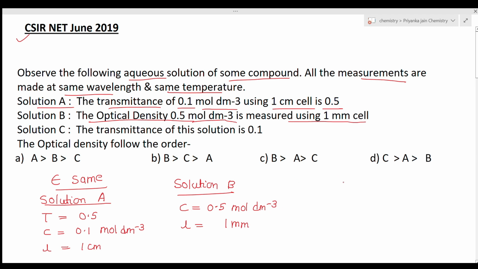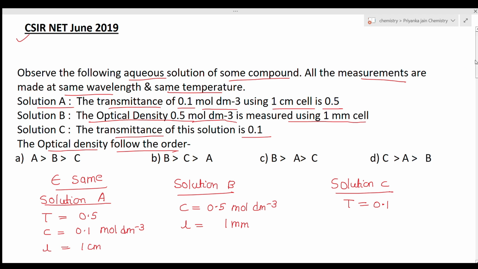And for solution C, we have been given only the transmittance, that is 0.1. Now we have to find out the optical density and follow the order. It means for the three solutions we have to find out the optical density, that is the absorbance, and then see their order.